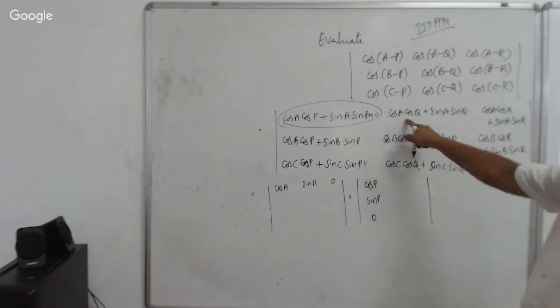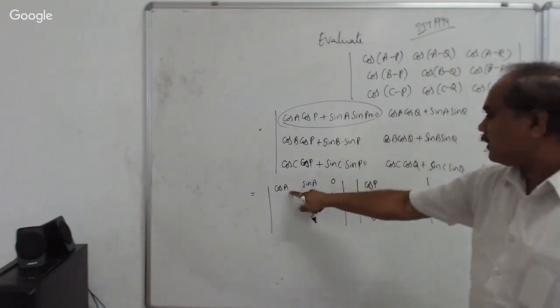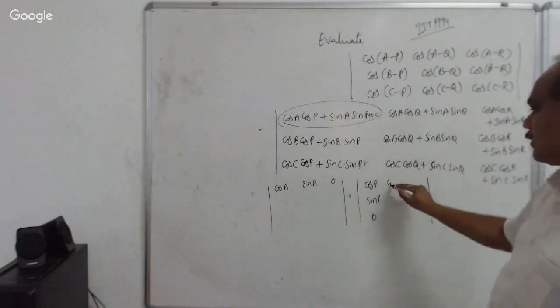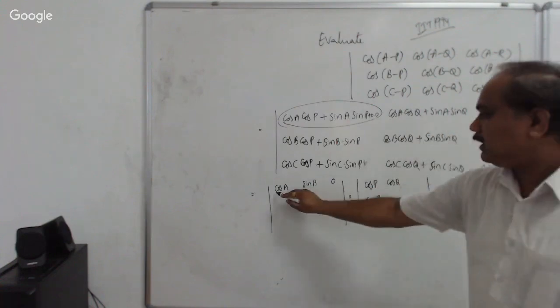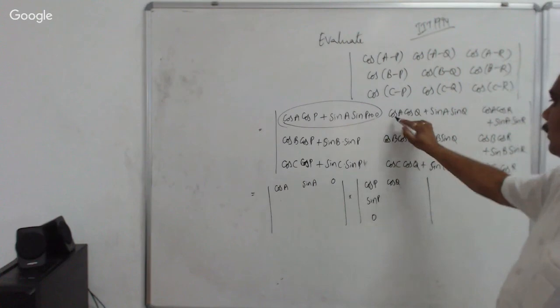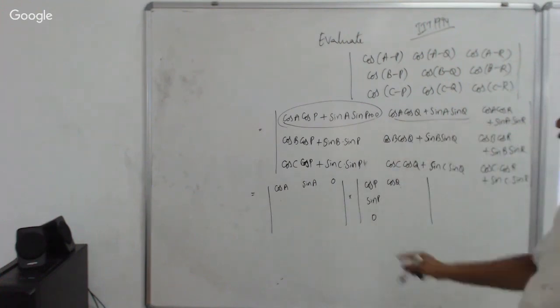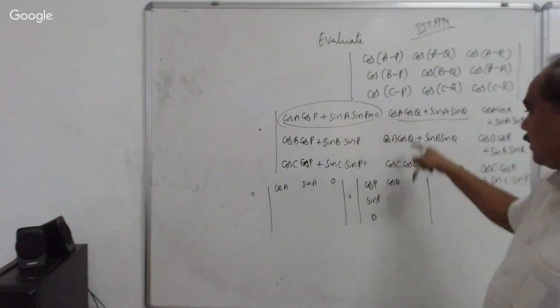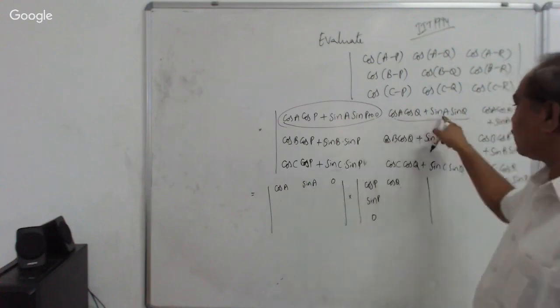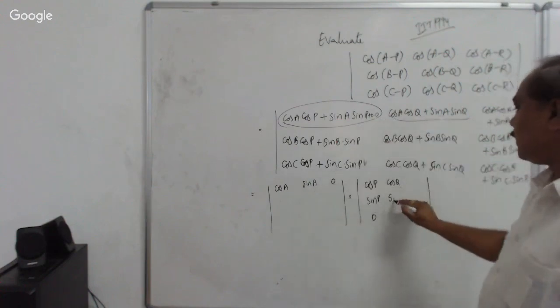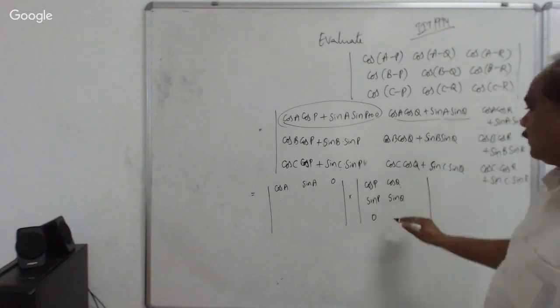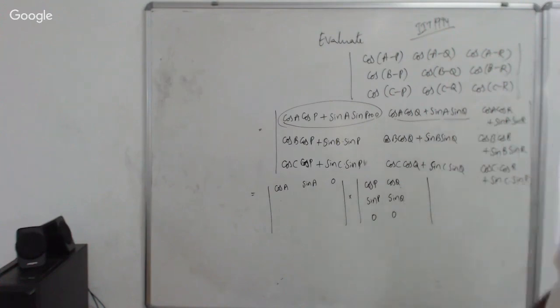Now go for the second element. Cos A, cos Q. By multiplying the first row with the second column, you will get this result: cos A cos Q plus sin A sin Q, plus 0 into 0.